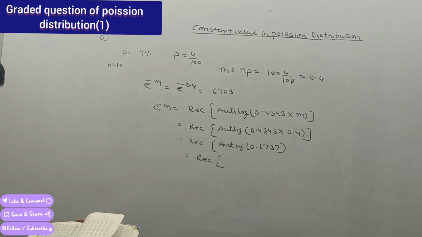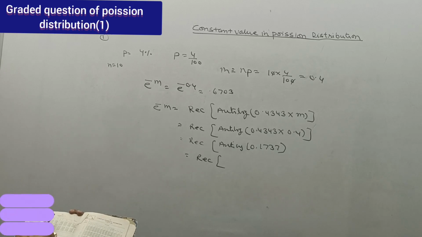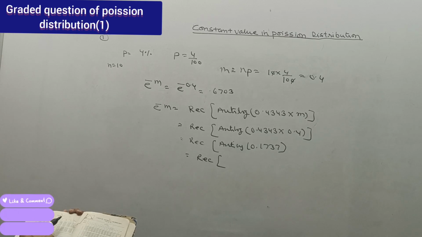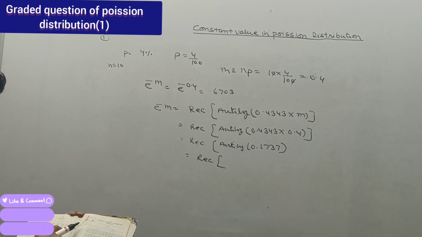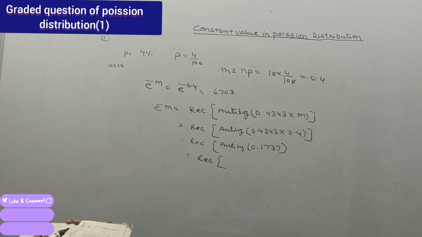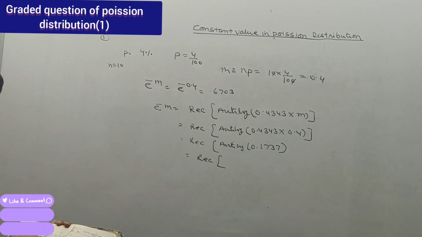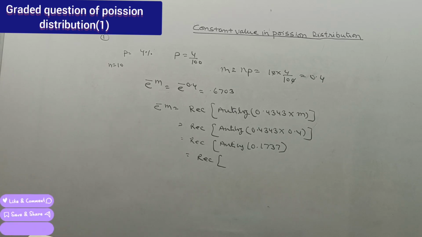Firstly we check e raised to power minus 0.4. The value is 0.6703.